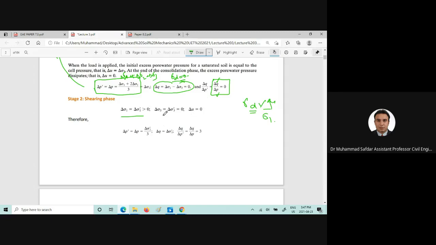The change in sigma 3, or the confining stress, will be equal to 0 because we are applying a constant sigma 3, or confining pressure. For example, sigma 3 is equal to 100 kilopascal, or 200 kilopascal. So we try to keep that confining pressure constant, and delta U is equal to 0.